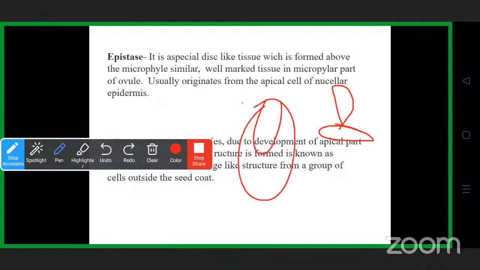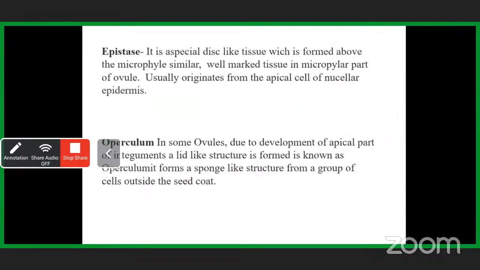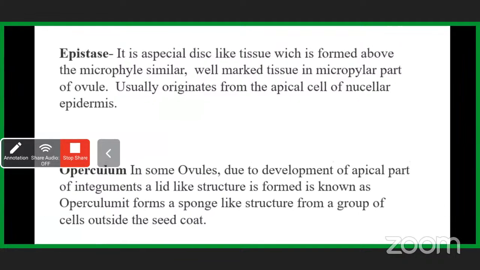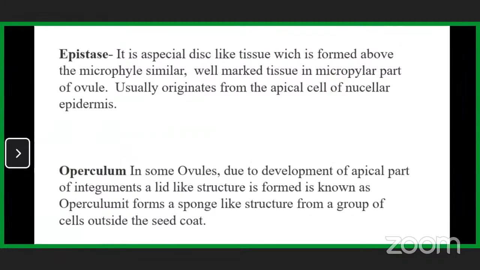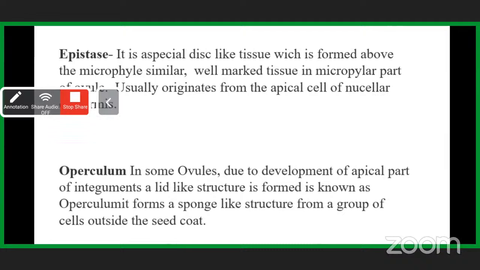It gives the specific position and stops the entering of extra pollen at the micropylar end of the ovule.